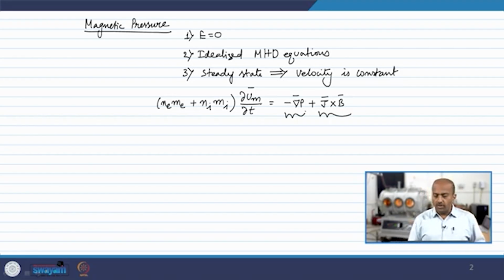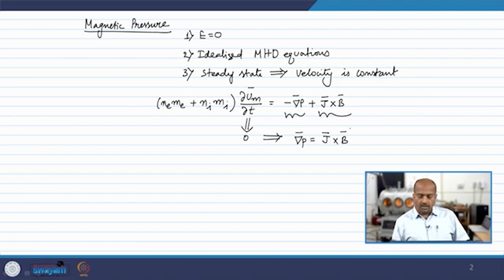Now, since we have assumed steady state, we make this derivative 0, which implies we can write ∇p = J × B. What does it mean? It means that the total effect of pressure force is equal to the effects of electricity and magnetism.